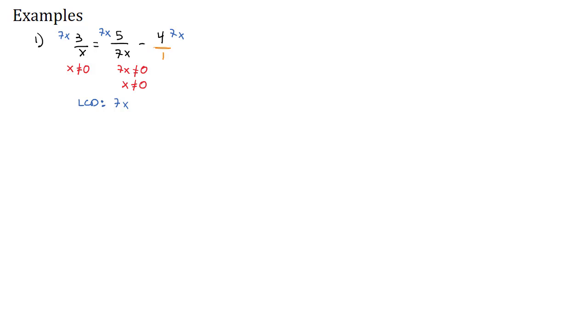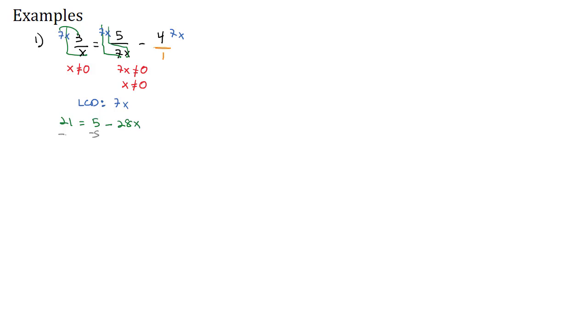When I do that, we can do some reducing. Notice the x and the 7 reduce out. So I'm just left with 7 times 3 is 21 equals 5 minus 4 times 7x is 28x. And this gives me an equation we should be able to solve quite quickly.